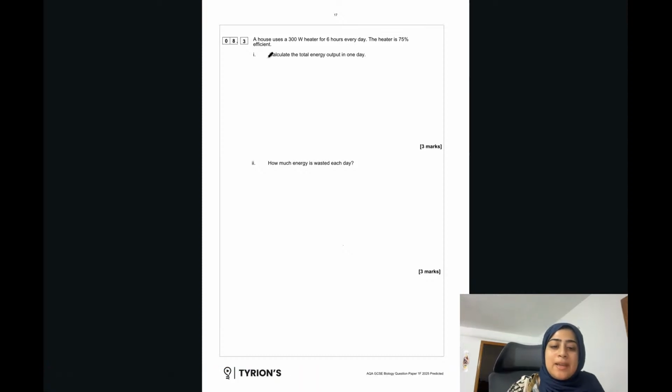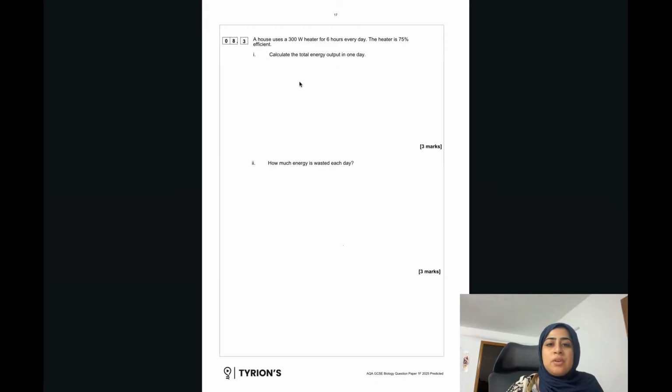So it says next, a house uses a 300 watt heater for 6 hours every day, it's 75% efficient. What's the total energy output in one day? So you know that power, time, and energy relate to each other.